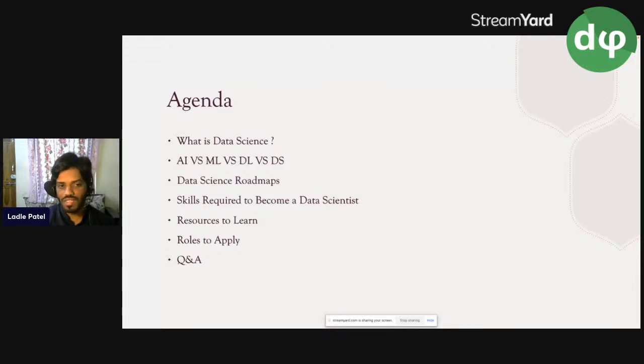Especially my friends, what I have seen is that they give up because of many factors. So, quick resources on where they can learn. Again, there is always a confusion between data scientist, machine learning engineer, MLOps engineer, data analyst, business analyst. There's always a confusion about what role to apply for. Again, there will be a question and answer session.